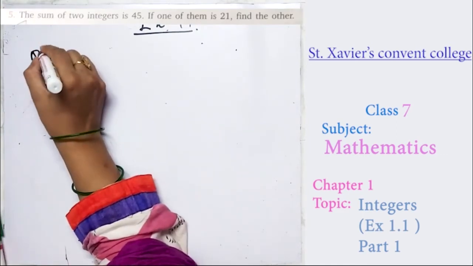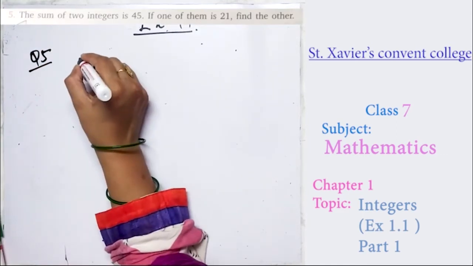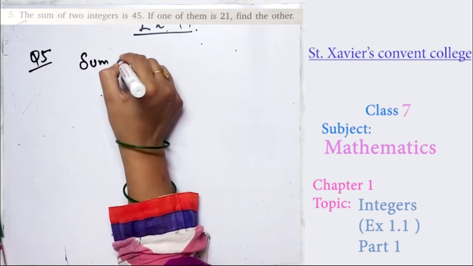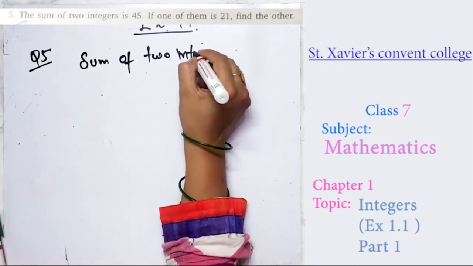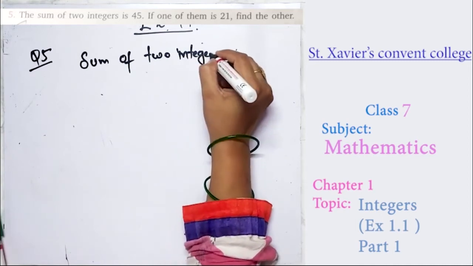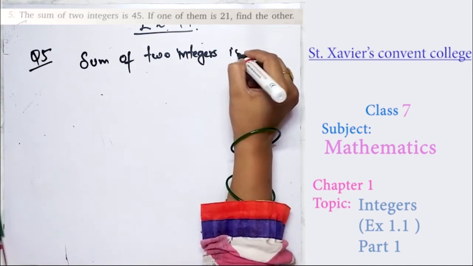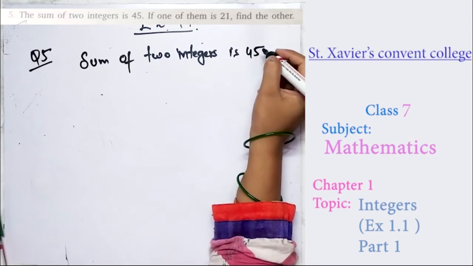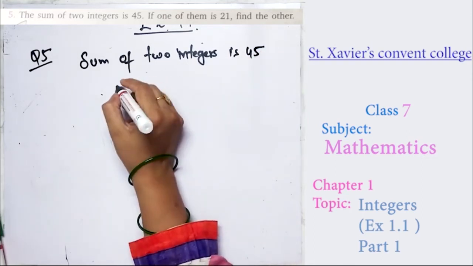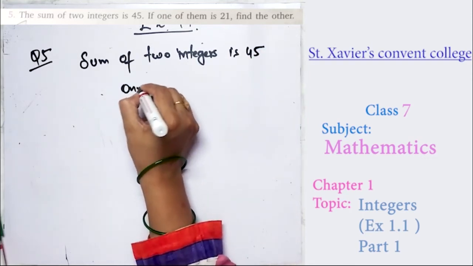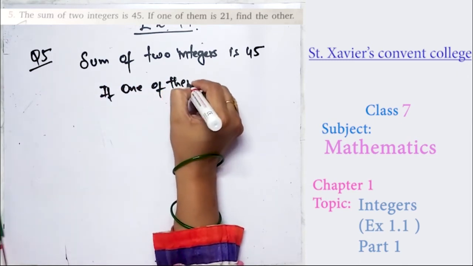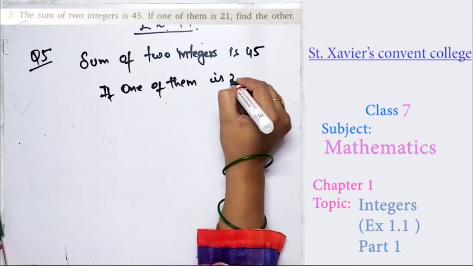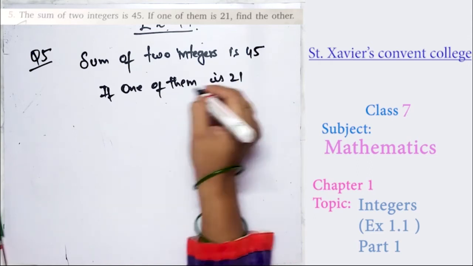Now we will discuss question number 5, which says the sum of two integers is 45. If one of them is 21, find the other.